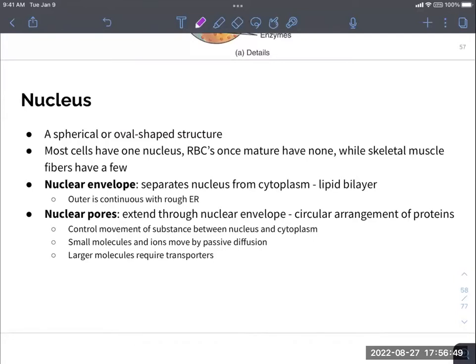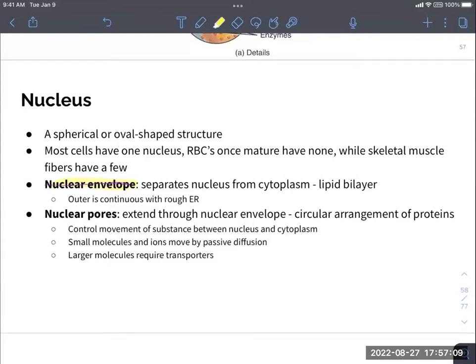The nucleus is separated from the rest of the cell by what we had talked about before, a nuclear envelope. This nuclear envelope helps to separate what's inside the nucleus from outside.